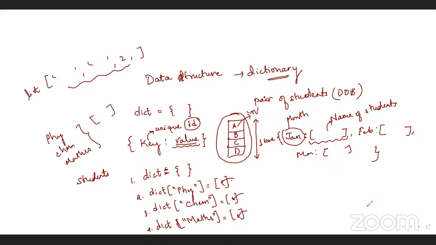Then there are certain functions that we use. So what does this return, key in some dictionary variable? It checks whether the given element is there in the dictionary or not. It returns true or false.